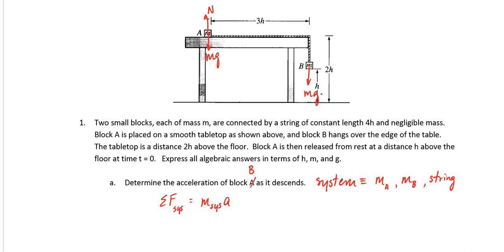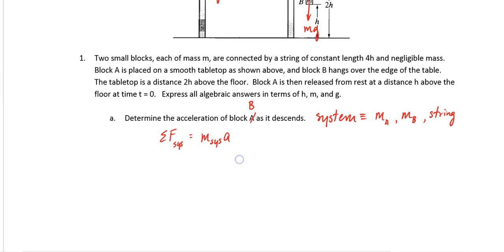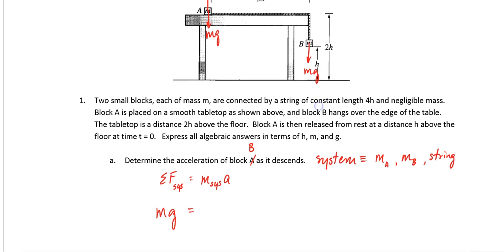The normal force and the weight on block A cancel out. So this is mg, our external force. The mass of our system will be the mass of the blocks added together. Since they're both mass m, that is just 2m times the acceleration.